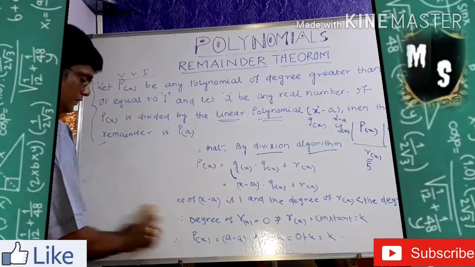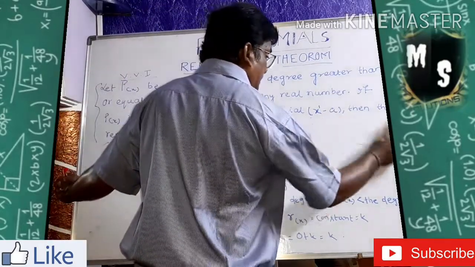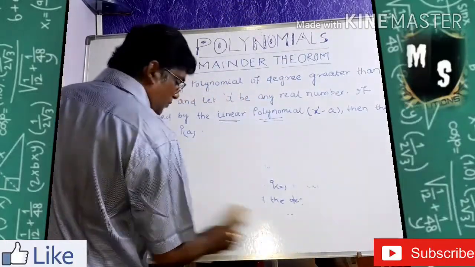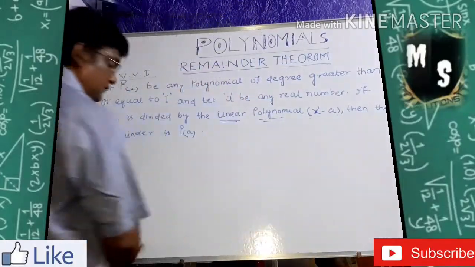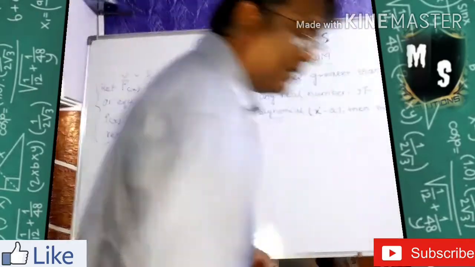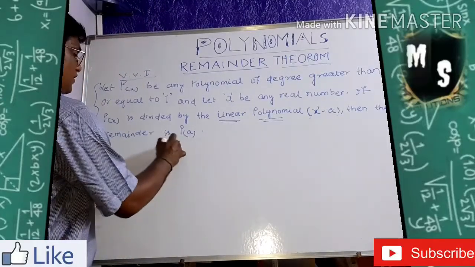Now you see, I am doing for you some sums by which you can understand it again easily. So the first sum for you is in your book. Find the remainder. He is asking page number 41. I am doing page number 41.